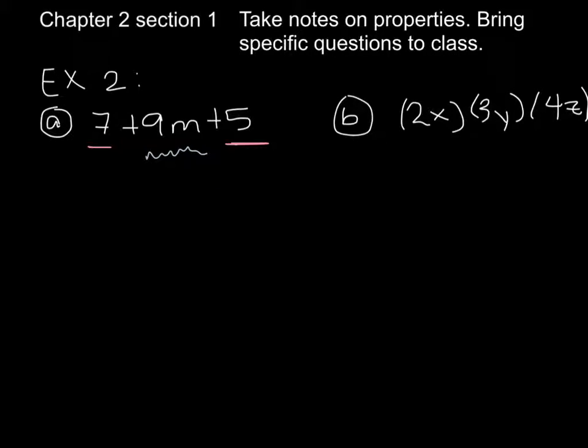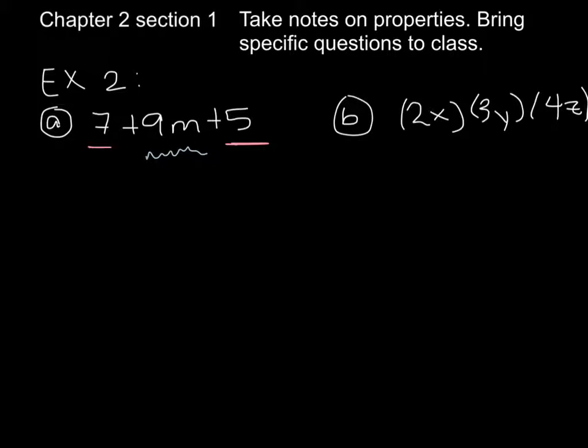So we know that m is a number. We don't know what the number is, and so we can't combine this with addition or subtraction to anything that doesn't also have this number m in it. However, we can take the terms, we call them constant terms, the ones that have just a number in them, and combine these.